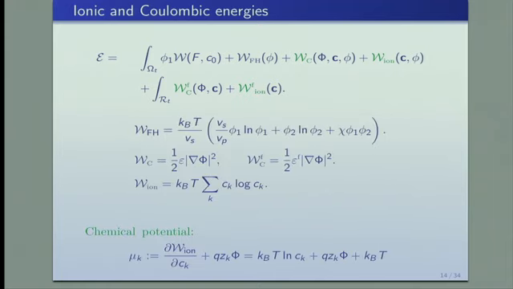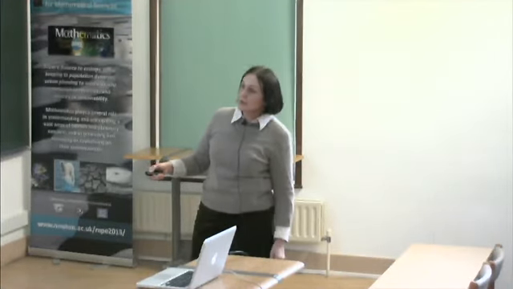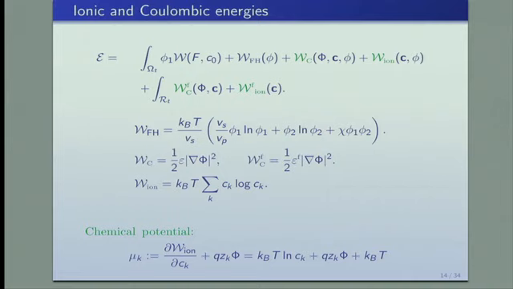And these have this form. This we've seen before. Coulombic energies have this form. In general, of course, the dielectric coefficient outside and inside are different. And here we take this, and the reason to take this is that it gives linear diffusion. We don't necessarily have to take this.